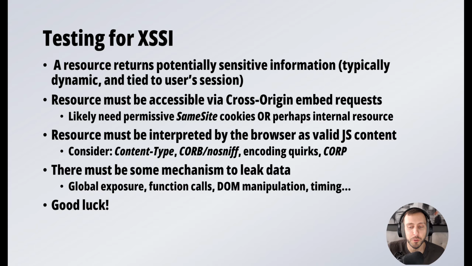It's not enough to have an authenticated request to get a sensitive resource and embed it onto your site. Then you need to figure out, okay, how do I actually get the sensitive information from that? Is there a global exposure of a variable, some function call that you can rewrite, a DOM manipulation that you can observe happening, some type of timing condition?